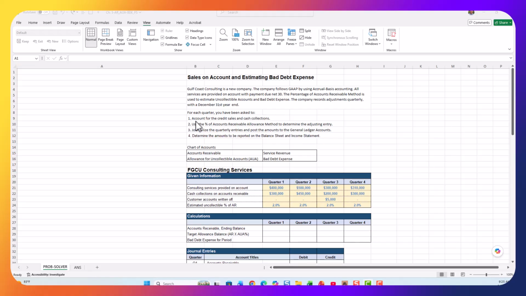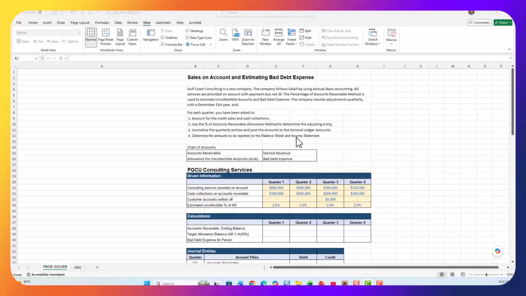Account for the credit sales and cash collections. 2. Use the percentage of accounts receivable allowance method to determine the adjusting entry. 3. Journalize the quarterly entries and post the amounts to the general ledger accounts. And 4. Determine the amounts to be reported on the balance sheet and the income statement.